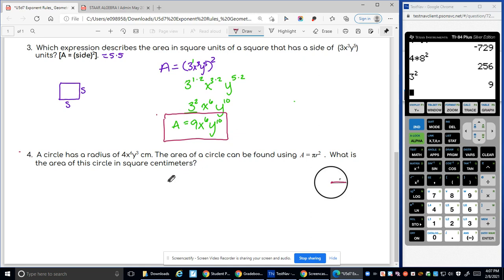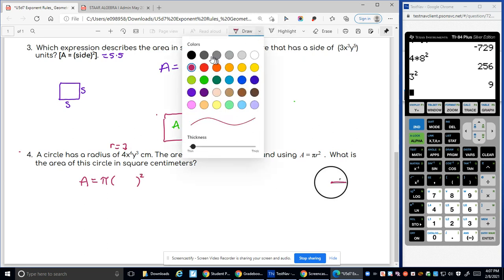Okay. So when we do this, let's go ahead and start with our formula. A is equal to, and we have pi, and we actually know what r is. This says radius of. It's another way of saying r equals, and r equals that good stuff. So I'm going to put parentheses right here, and I'm going to toss in everything that r is equal to.